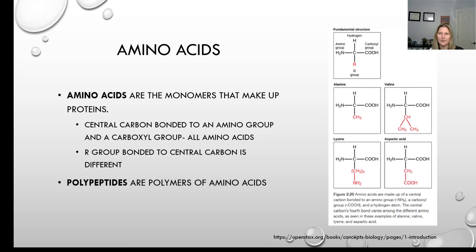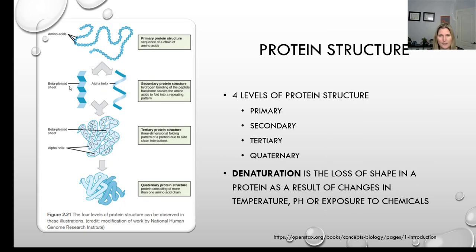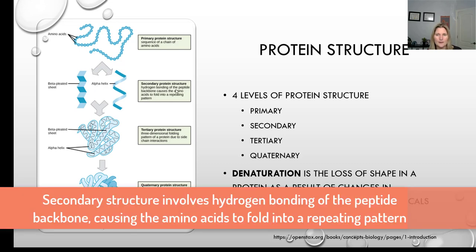Because we're involving two nearby amino acids that are not directly connected by covalent bonds, we end up seeing the chain fold, okay? And it can fold one of two ways. It can fold like an accordion, so we end up with a beta pleated sheet, or it can fold in a way that we end up with a helix. We call that the alpha helix. So these are due to hydrogen bonding of the peptide backbone.